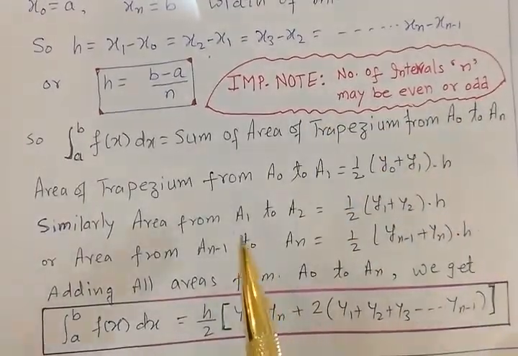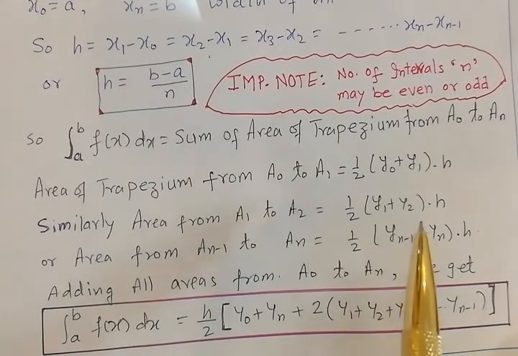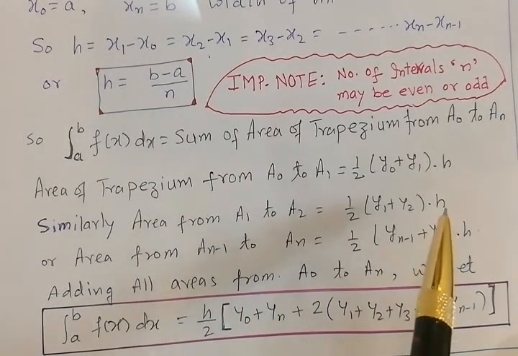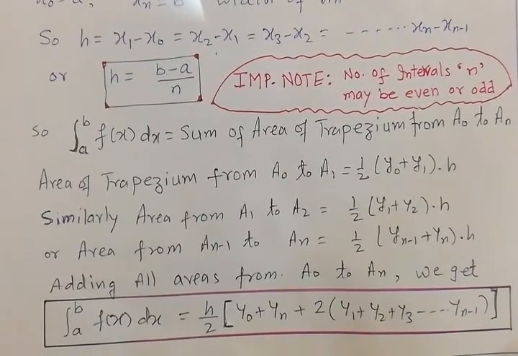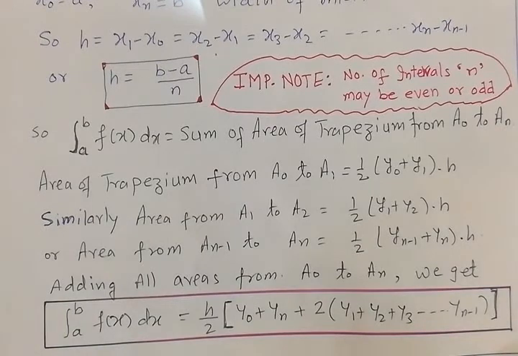Similarly, the area from a1 to a2 is half (y1 plus y2) into h, and we can find out the area of all the strips this way, and while adding we get the formula for the trapezoidal rule, that is, integral a to b f(x) dx is equal to h by 2 [y0 plus yn plus 2 times (y1 plus y2 plus y3 plus y4 up to yn minus 1)]. This is called the formula for trapezoidal rule.